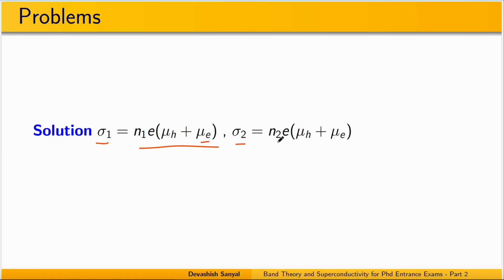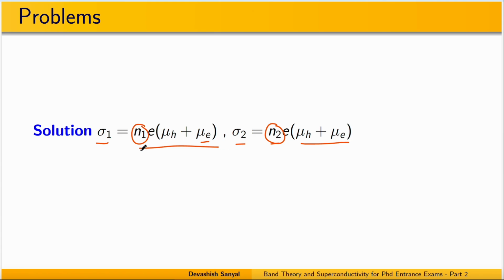Here also, this is N2, the carrier concentration at temperature 2, because both the electron carrier concentration and hole carrier concentration will be identical. So it is given by one value, N2, and here it is N1. And here the mobility for holes is mu H and the mobility for electrons is mu E.